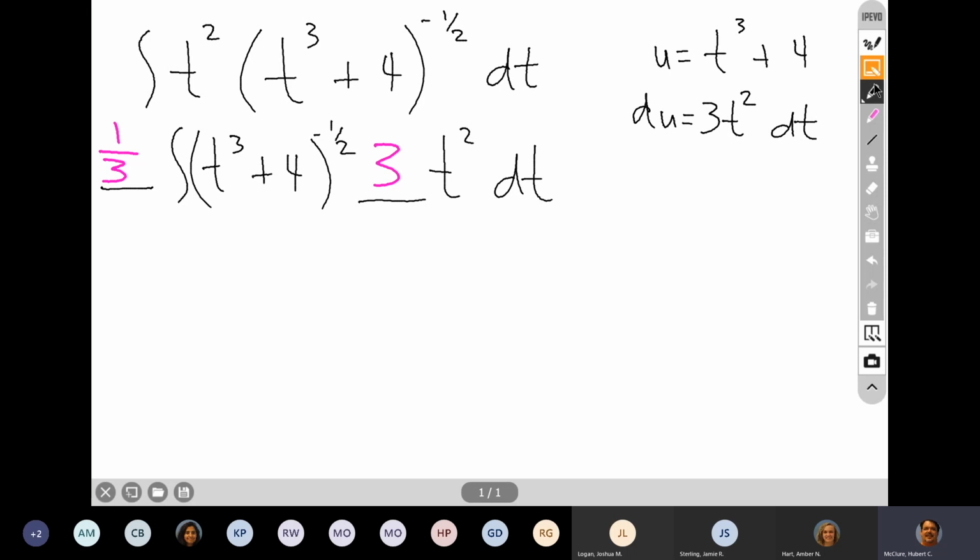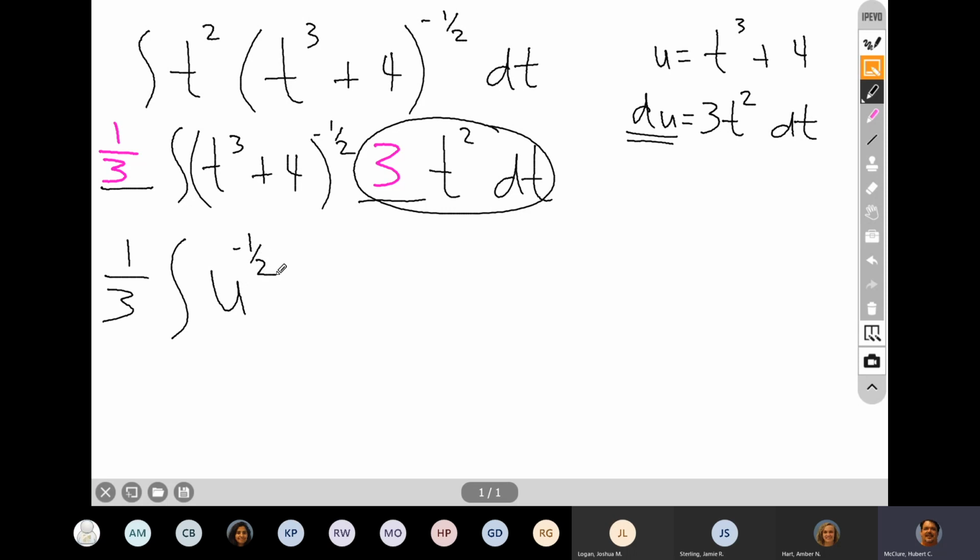So now, since this right here is equal to du, and this is u to the negative 1/2, I have 1/3 antiderivative of u to the negative 1/2 du.